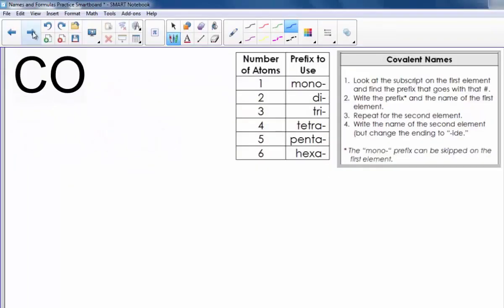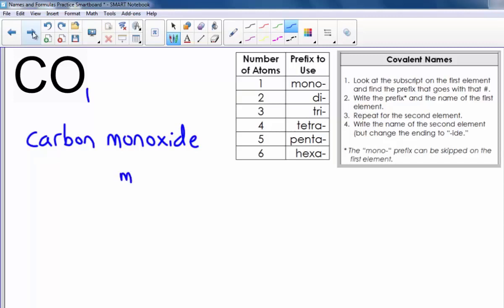Now for this one, we've got carbon and oxygen, and we only have 1 atom of each. That would start as carbon. We wouldn't write mono for the first element, but because there's only 1 atom of oxygen right here, we have to name that element with a prefix of mono, and we're going to add on oxide for the oxygen, and we change the ending to IDE.